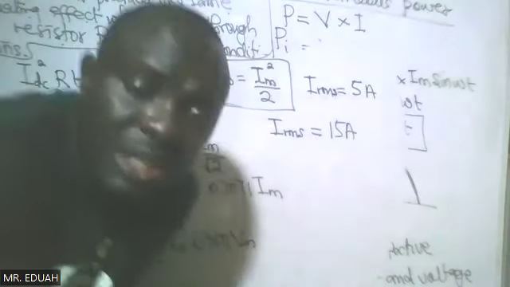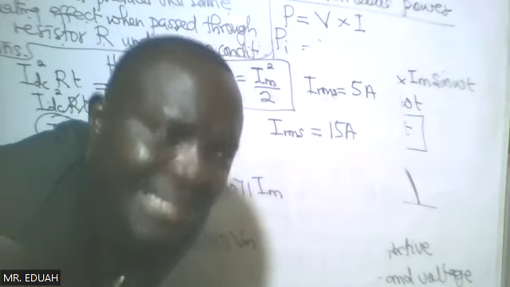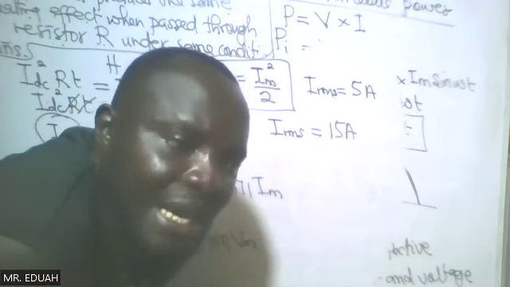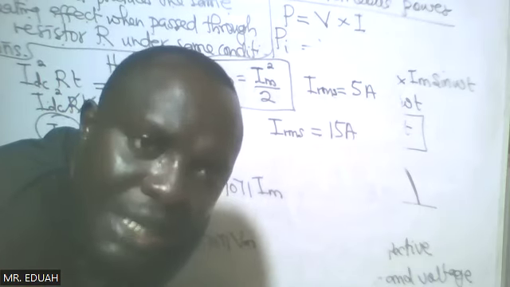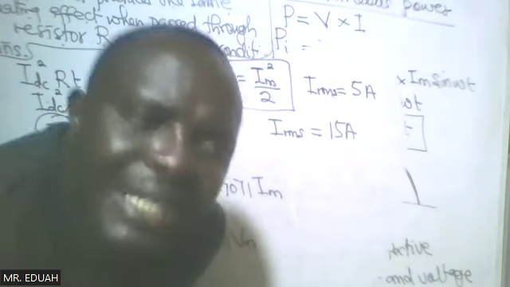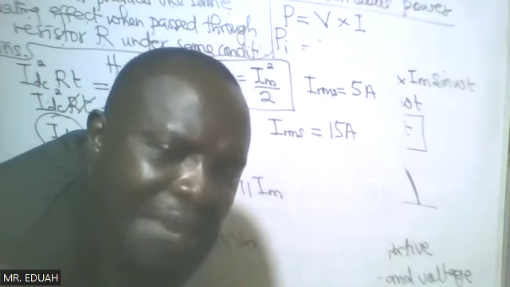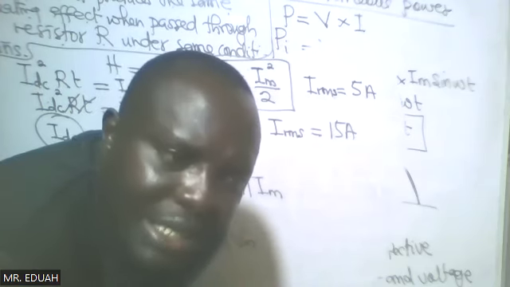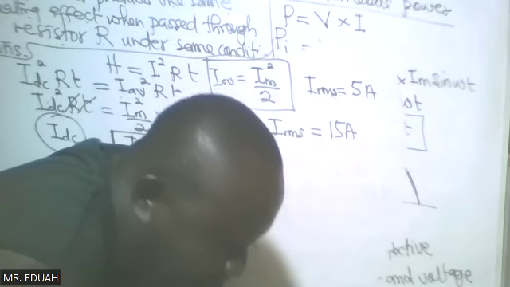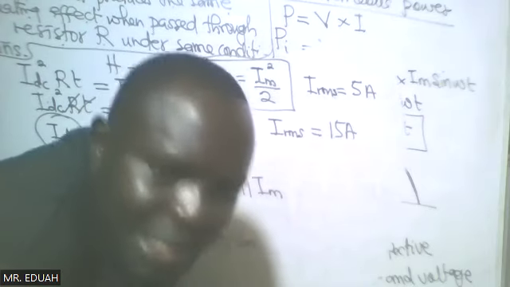Gerard, don't say the amount. The equivalent DC that will produce the same heating effect. So please listen, all of you. The equivalent direct current that will produce the same heating effect as the alternating current going through a resistor R under the same condition is 15 ampere. That is what it means.